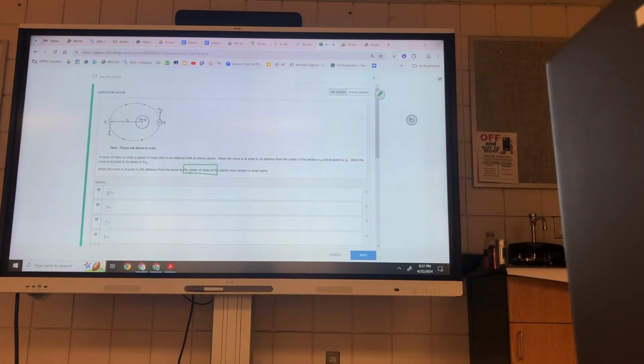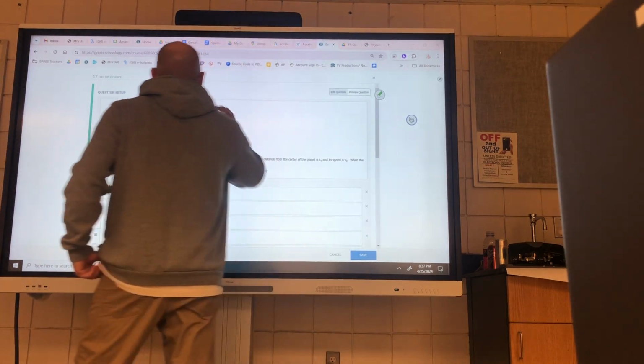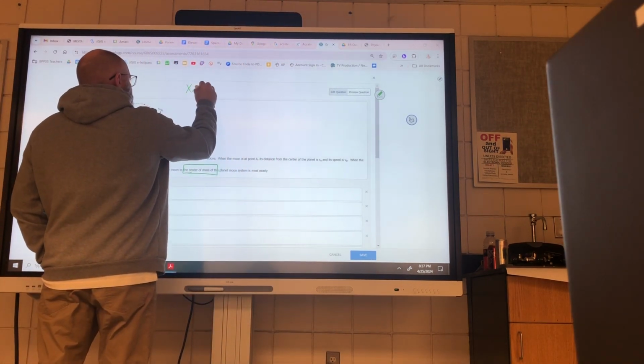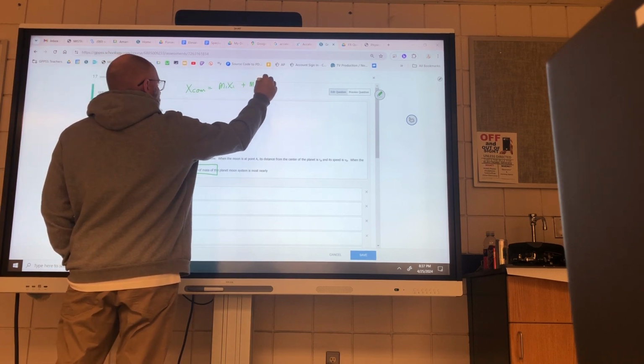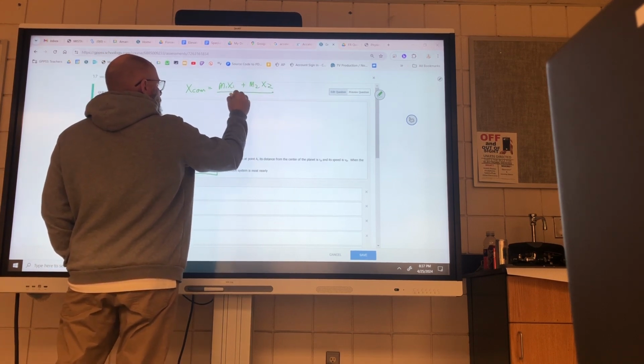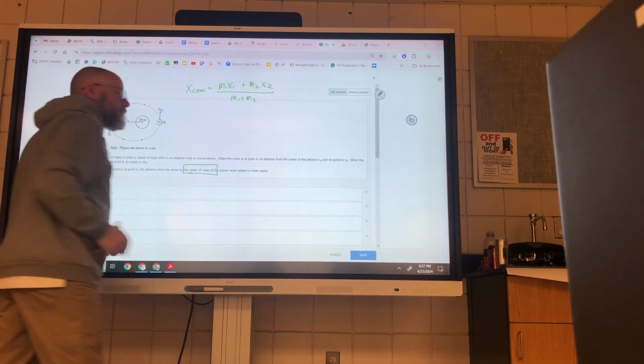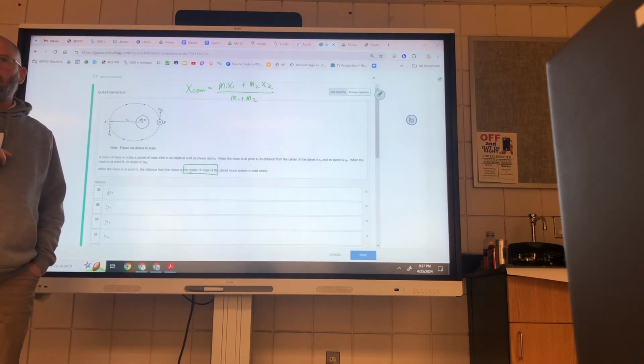Yep, x_CM equals the sum of m_i x_i over the sum of m_i. Now, you gotta realize what that says. If you wanna find the center of mass, you take m1 x1 plus m2 x2, all divided by what?